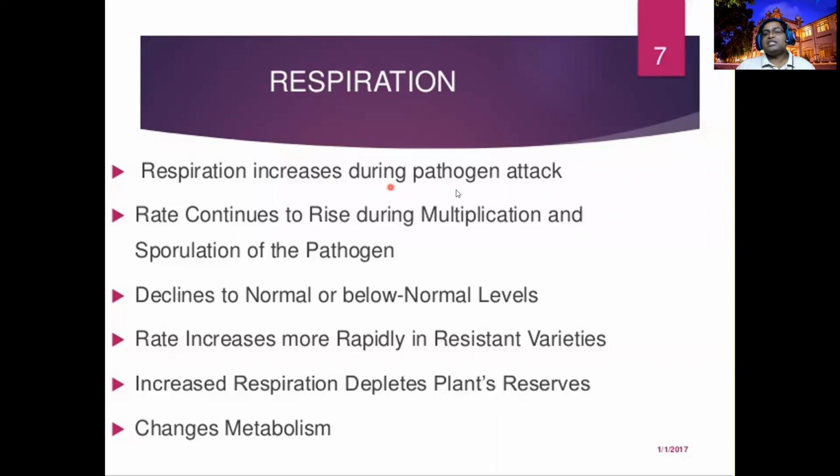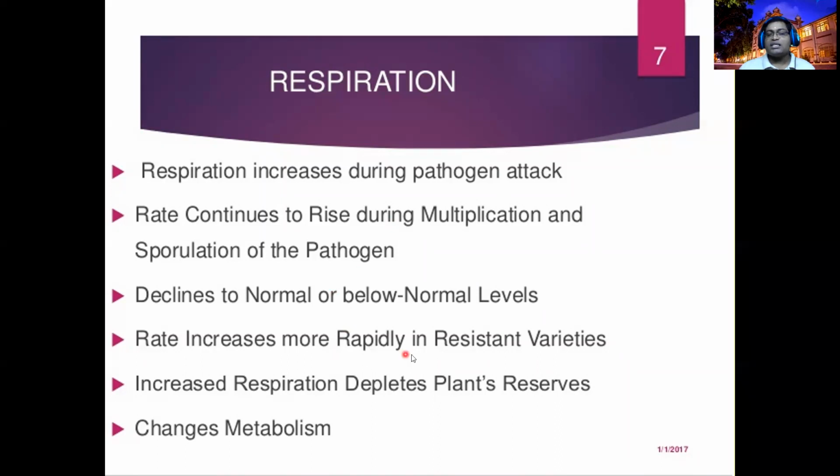So respiration increases during pathogen attack. Research has proved that if the plant is under healthy conditions, the respiration is at a normal rate. But when infection starts, the plant's respiration rate is increased, because it needs more and more energy to defend.